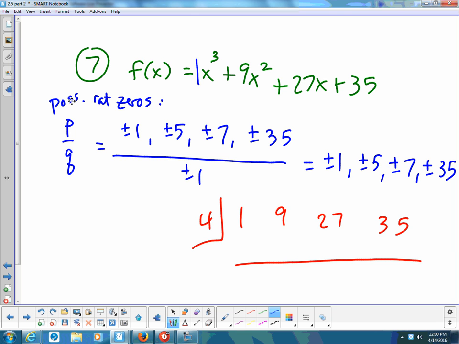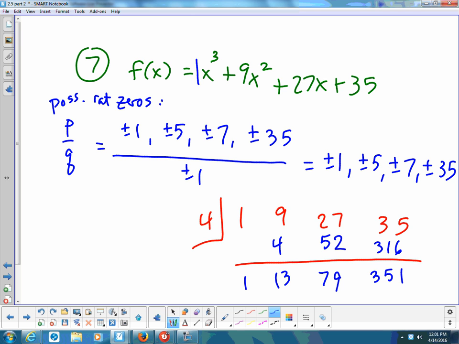Bring down the 1, multiply, I get 4, add, I get 13, multiply, I get, is that 52? Add, I'm getting 79. Multiplying, I'm getting what? 316. Adding, and I'm getting 351. Does that look right?